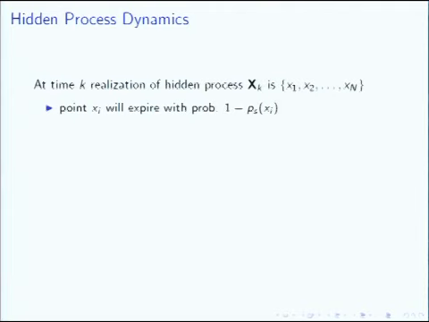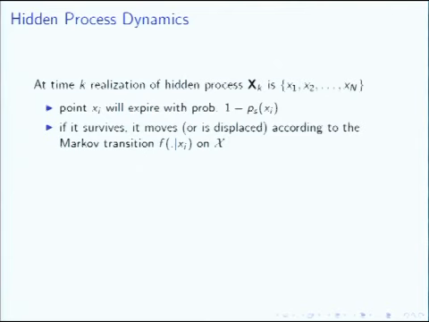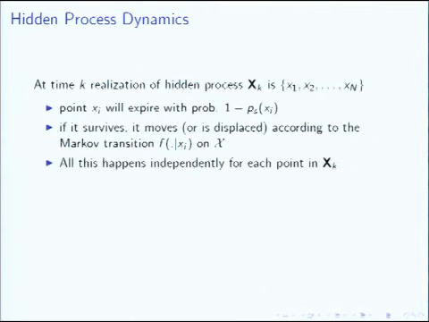Each point will expire with a certain probability, which means the point will have no descendant at the next time. If it does not expire, it survives, it'll be moved or displaced or it'll have a descendant, however you want to think about it, and that descendant will be drawn according to this distribution. It's basically a Markov transition on x. Now all this happens independently for every point in x_k.